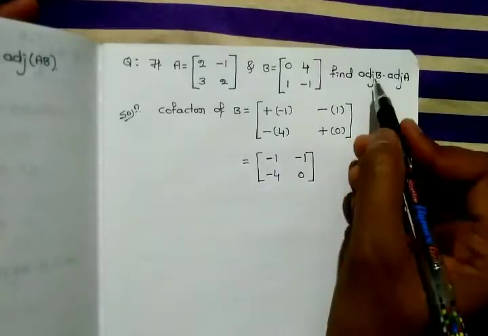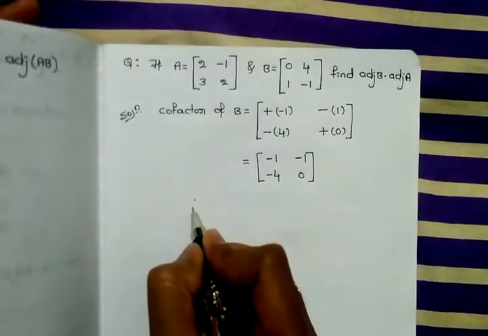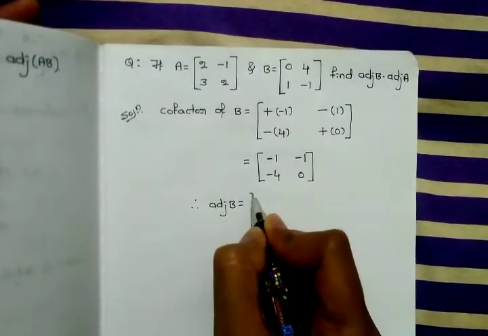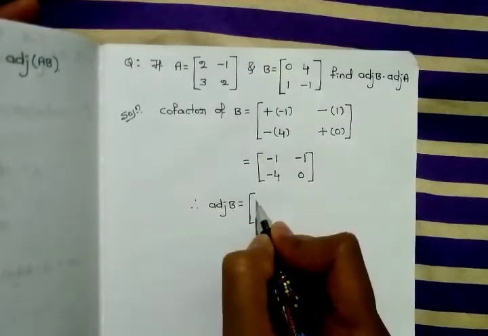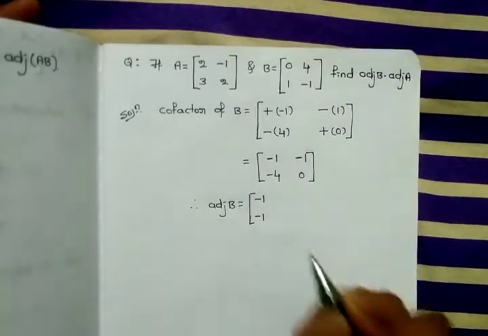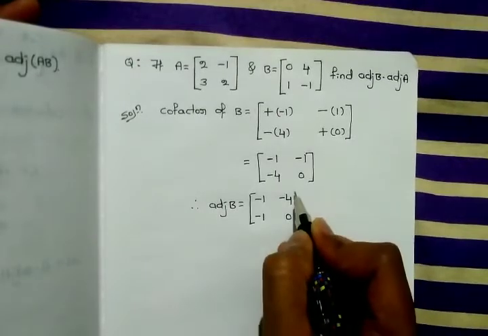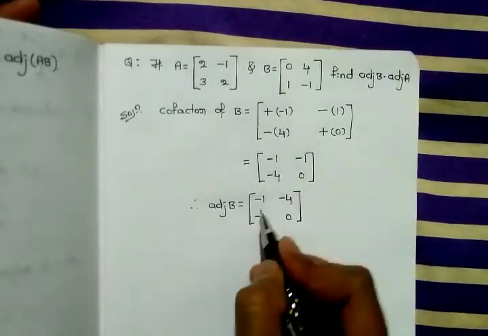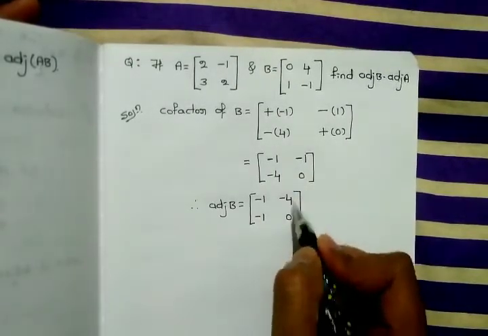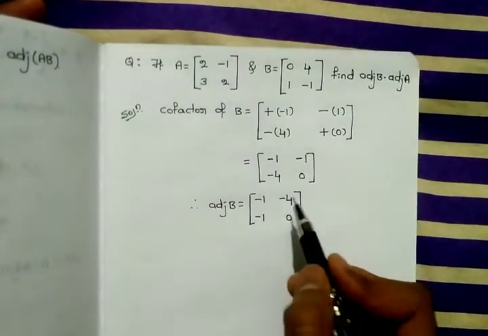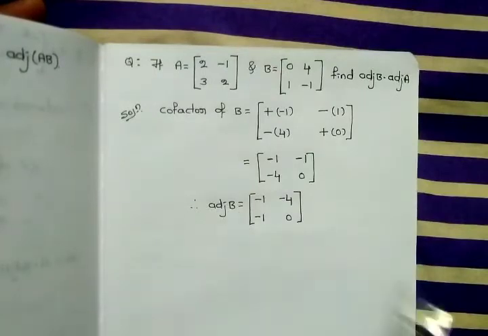You will get adjoint of B. Therefore, adjoint of B is equals to first row, write it as a first column. Second row, write it as a second column. First row, first column. Second row, note down as a second column. So this is the value of adjoint of B.